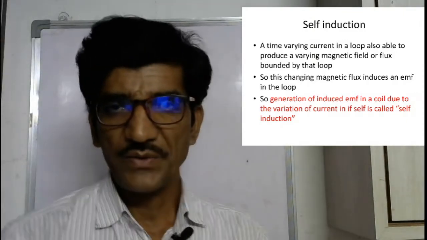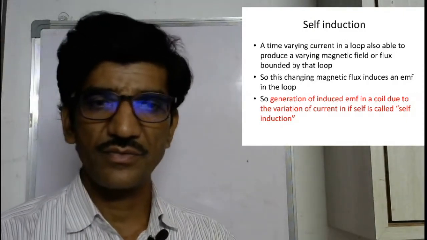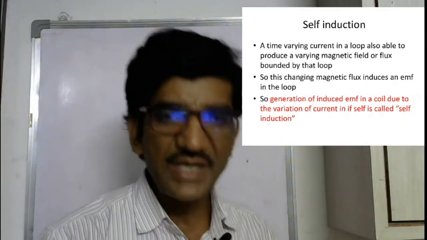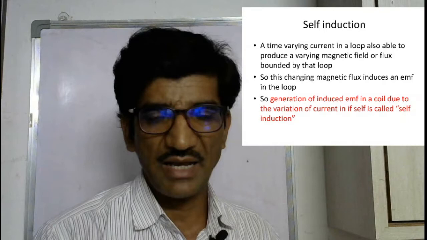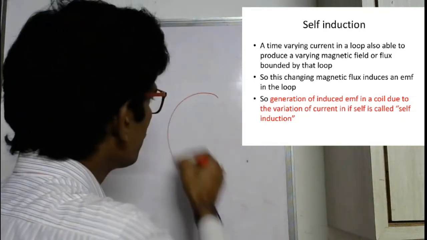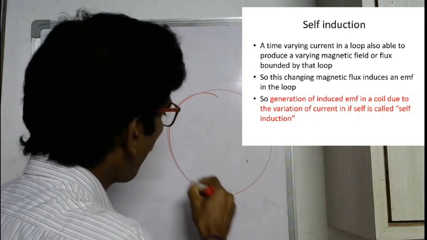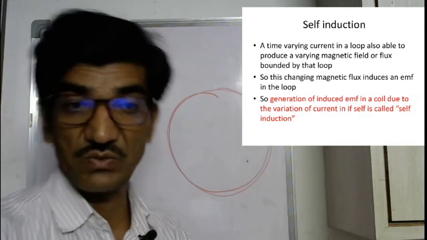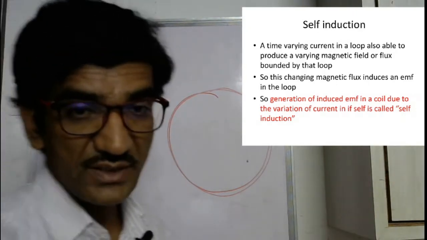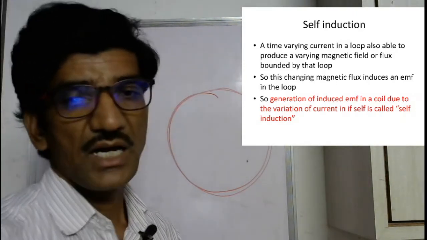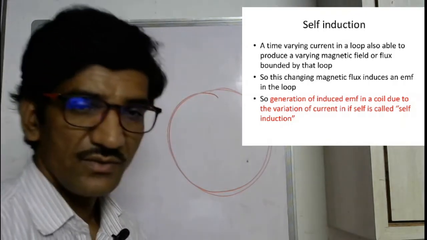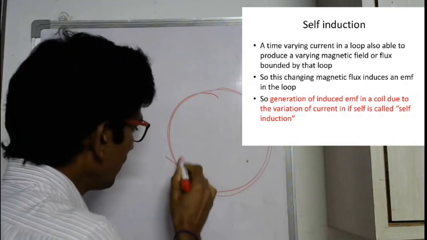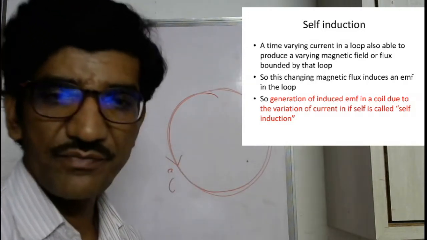Now let us go for the second case of creating a varying magnetic field, one of the causes of varying magnetic fields. Suppose that you have a conducting loop or a current carrying loop. Suppose we choose a coil in which some current is flowing.